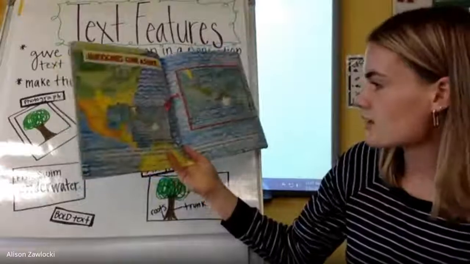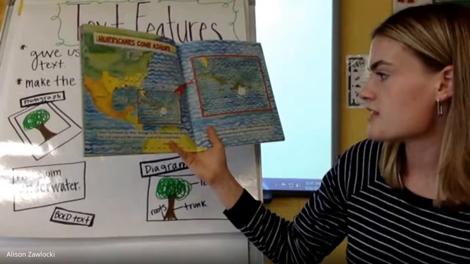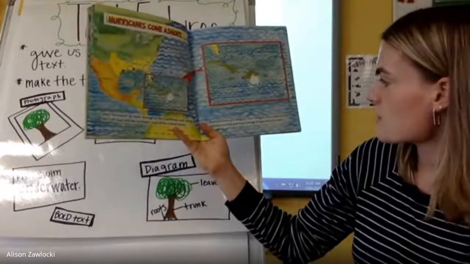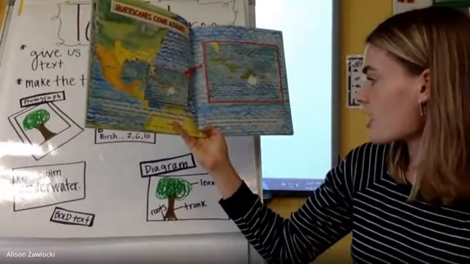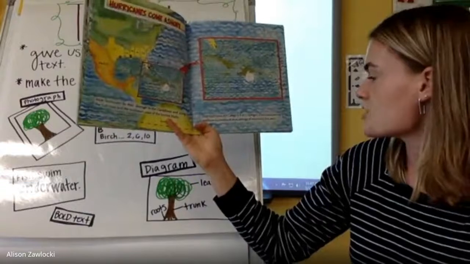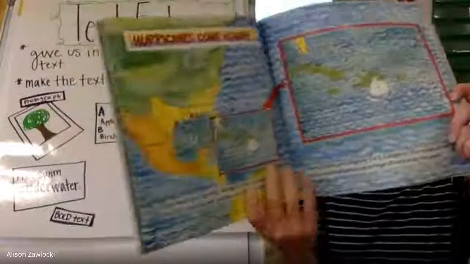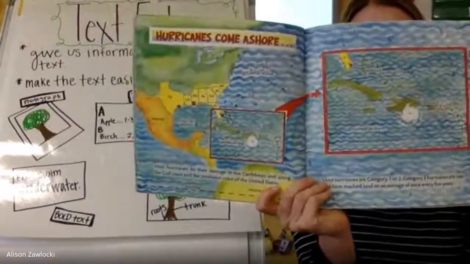Hurricanes come ashore. Most hurricanes do their damage in the Caribbean, along the Gulf Coast and the southeast coast of the United States. Most hurricanes are Category 1 or 2. Category 5 hurricanes are very rare and have reached land on average about once every 5 years. So I want you to look at this page, and I want you to think, what text feature is shown on these two pages?